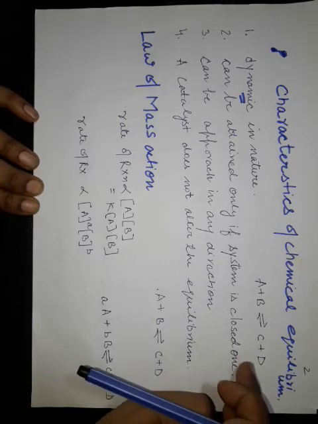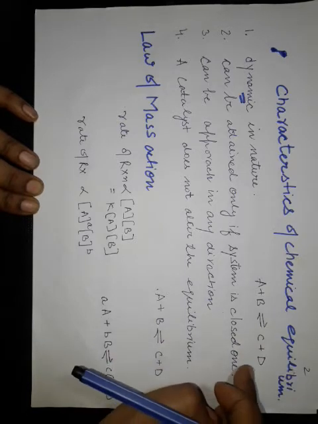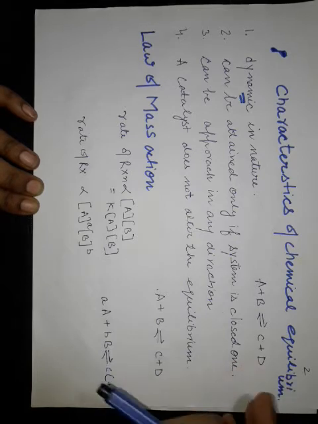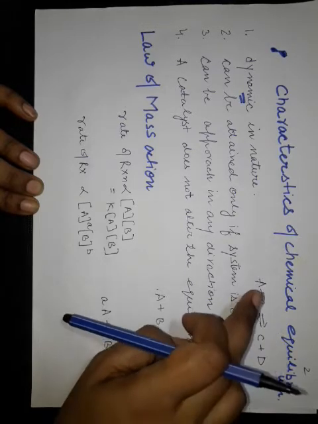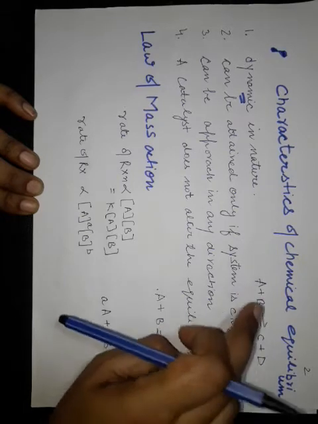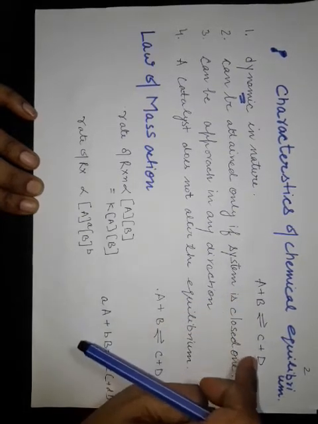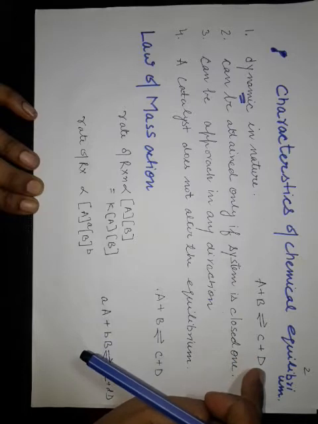So chemical equilibrium cannot be achieved because the gas has escaped from the container. So chemical equilibrium can be attained only if the system is closed: reactant changes into product, product changes into reactant, when their concentrations are not decreased, not used by other systems.